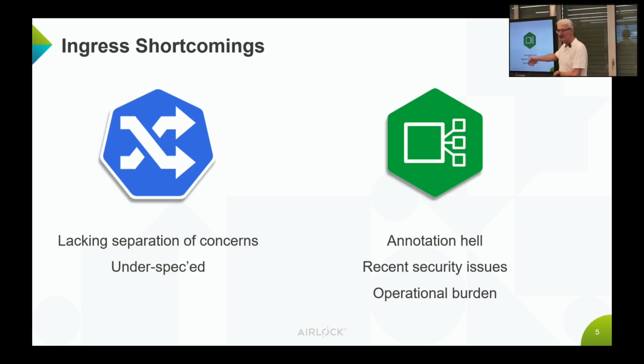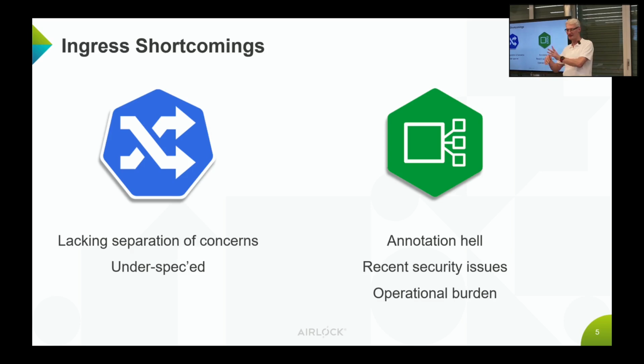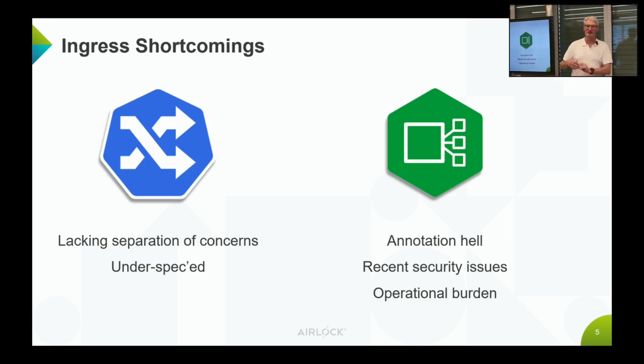Also, and these are the shortcomings of the implementation based on NGINX, we had some recent pretty serious security issues like last summer. And also there is quite a lot of operational burden if you really want to base your production on this kind of product.